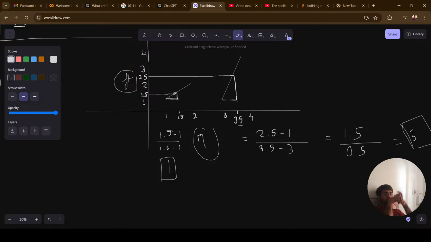It means the rate of change in this hill will be more than this. Why? Because the value of slope is more than this one.